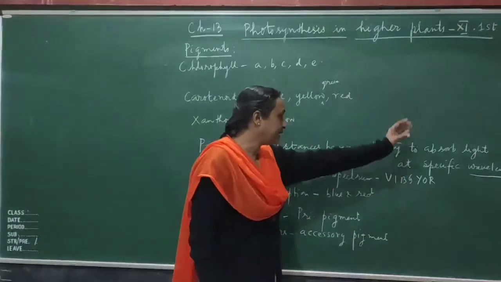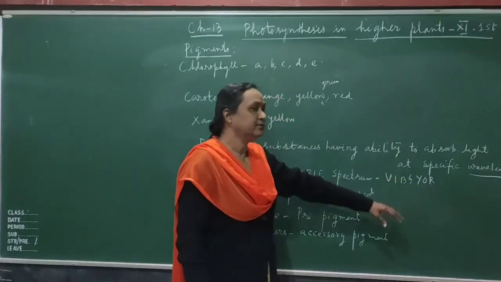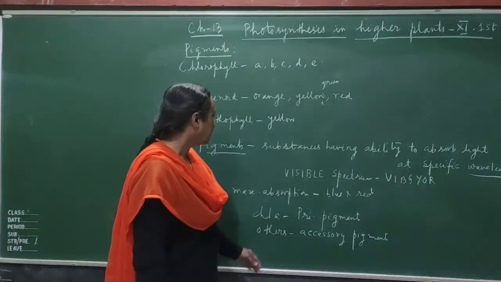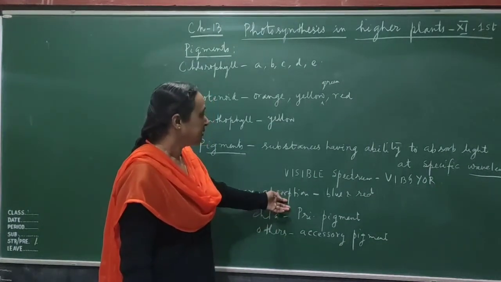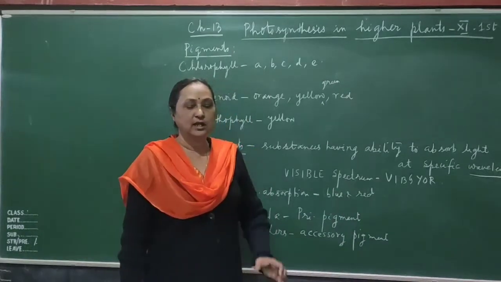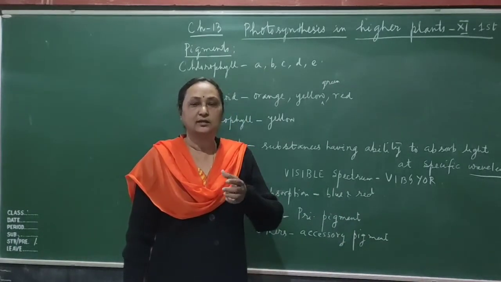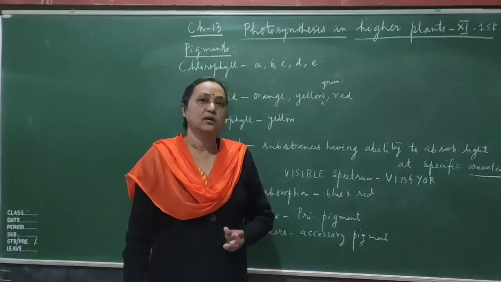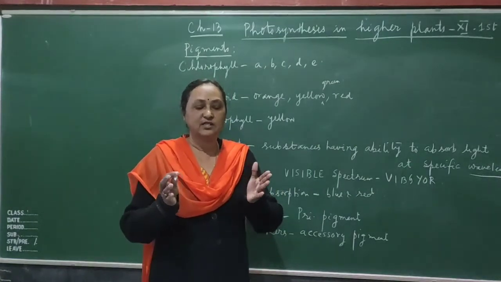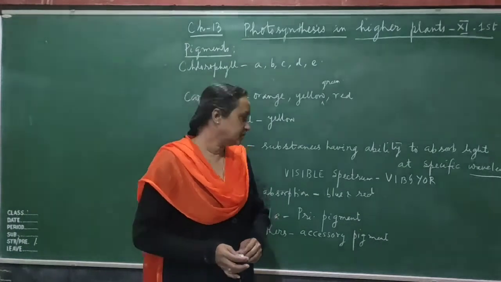These are all the colors of light in which the photosynthesis process can operate. And the maximum absorption by chlorophyll is in the blue and the red area. So light having the blue color and the red color can produce the maximum amount of food. In that specific wavelength, the maximum amount of food can be produced.